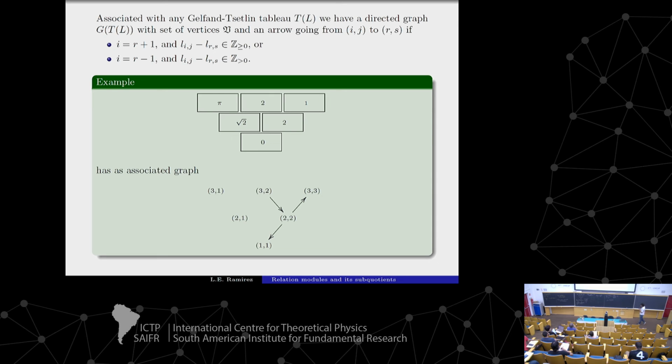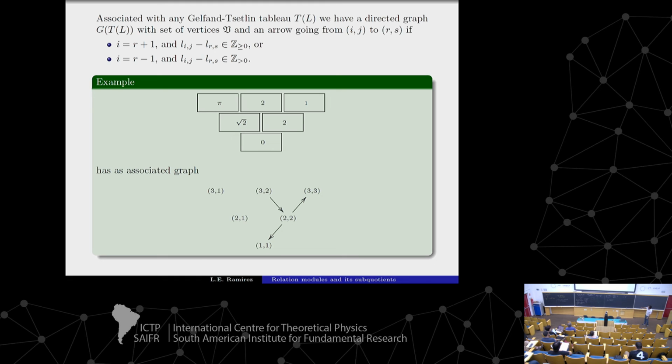Anyway, just to recall, that was a realization for this set of relations. It was one of the examples before. This tableau is a C-realization, where C is the set of relations with associated graph, this.